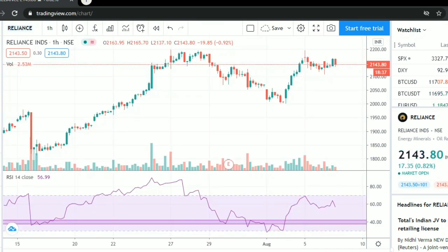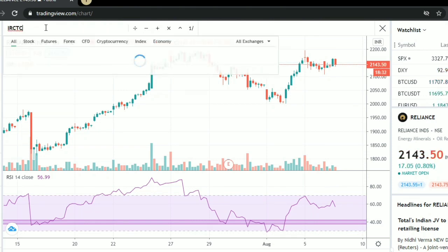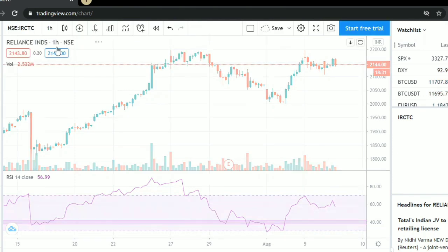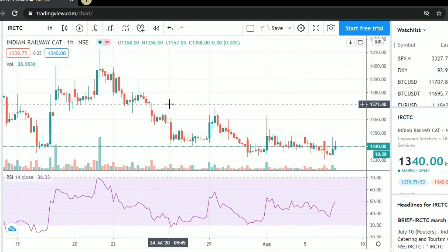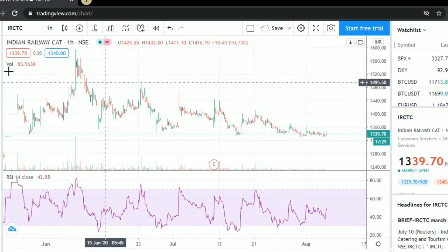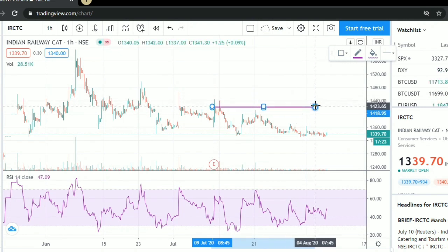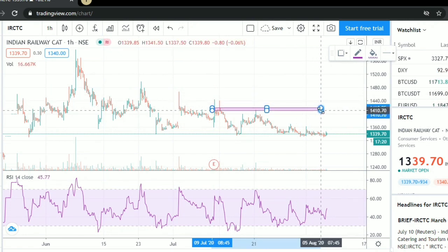The second concept which we need to see is the concept of support and resistance. The point where the stock finds it very difficult to cross and go down is the support, and the price where the stock finds it difficult to cross and go up above is called the resistance. For example, I am just taking IRCTC, where we can see that 1400 levels is normally a band only, so 1400 levels is a good resistance level and 1300 is a good support level.